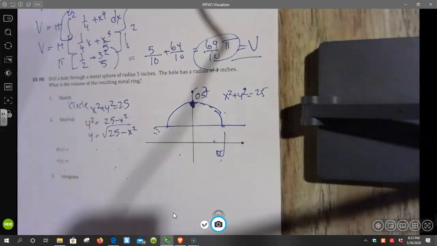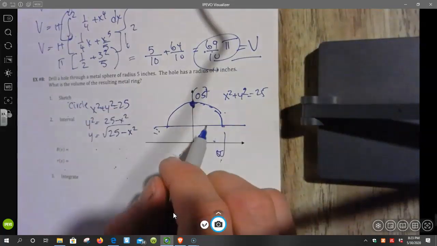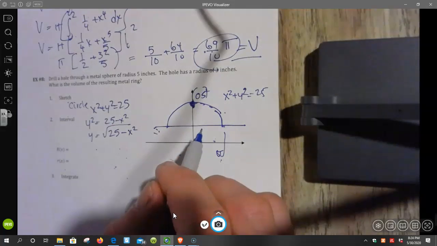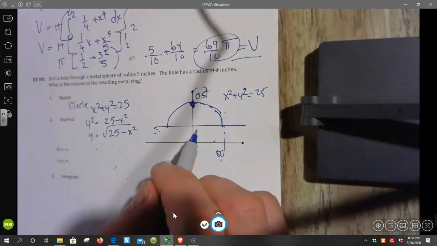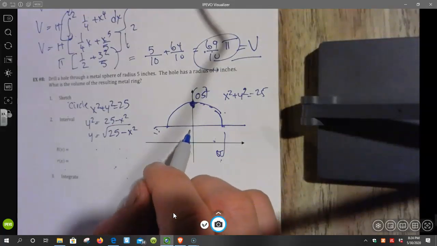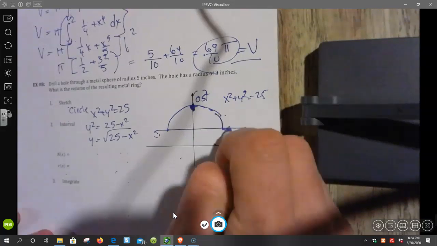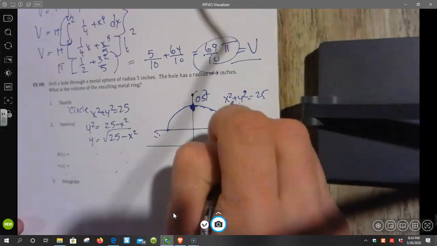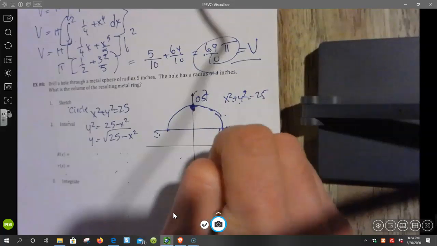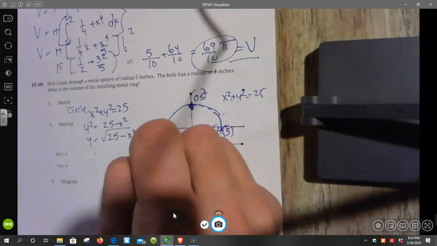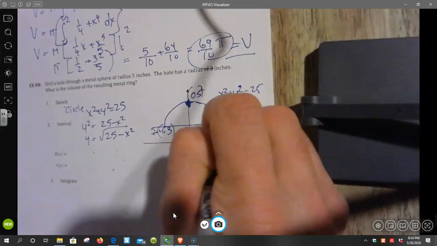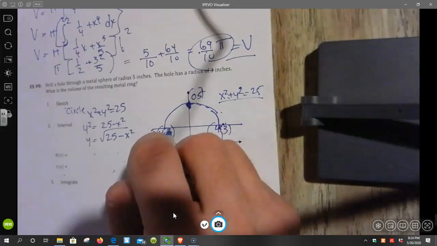So that means that, and where are we going from? From 4 to -4. Because if y is 3, that means x must go to 4. So that's why it's the point 4, 3 and -4, 3. Because of that equation right there from the circle.